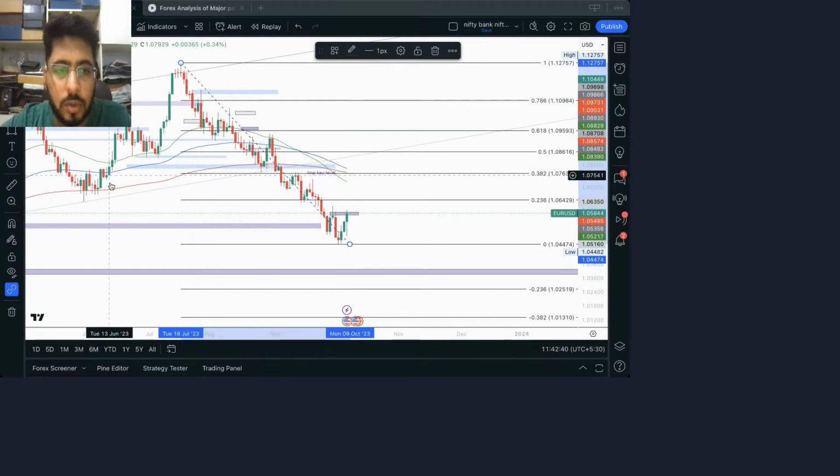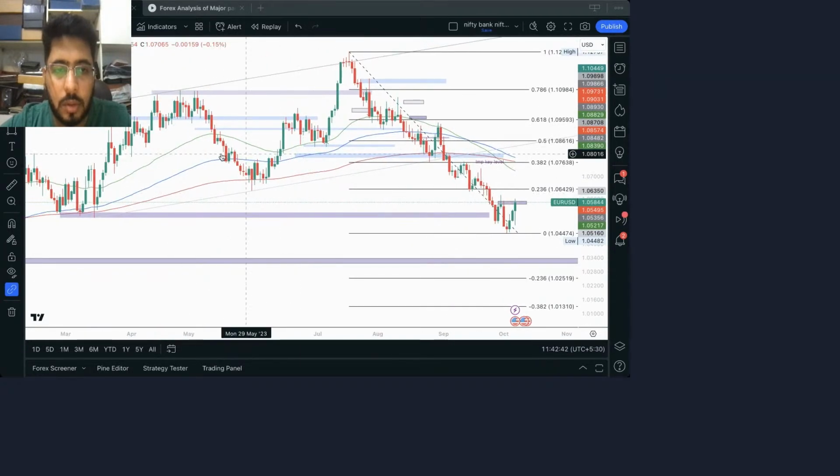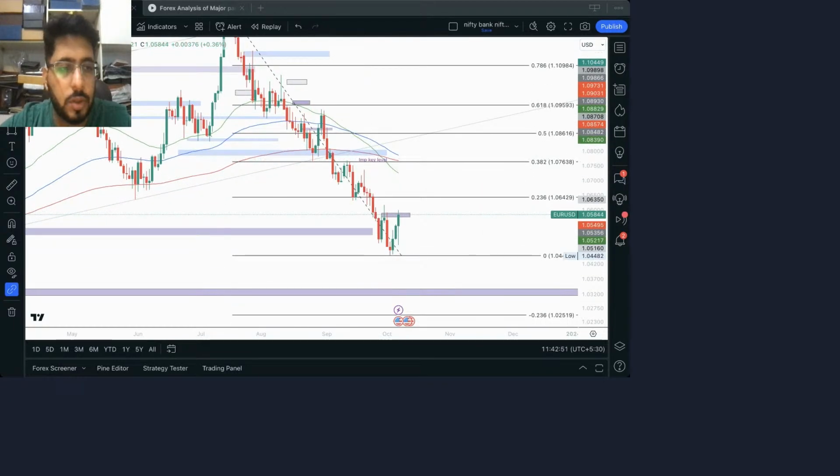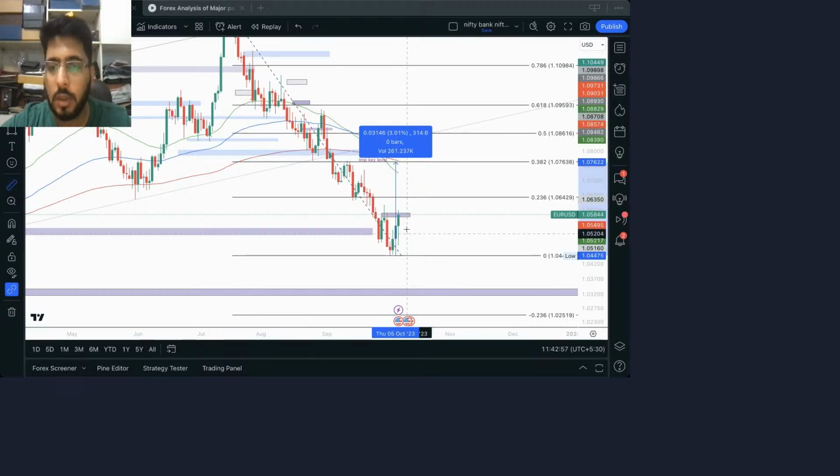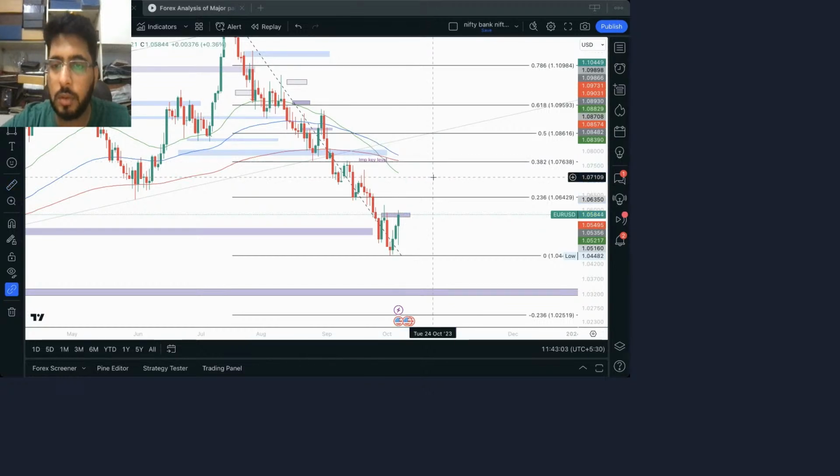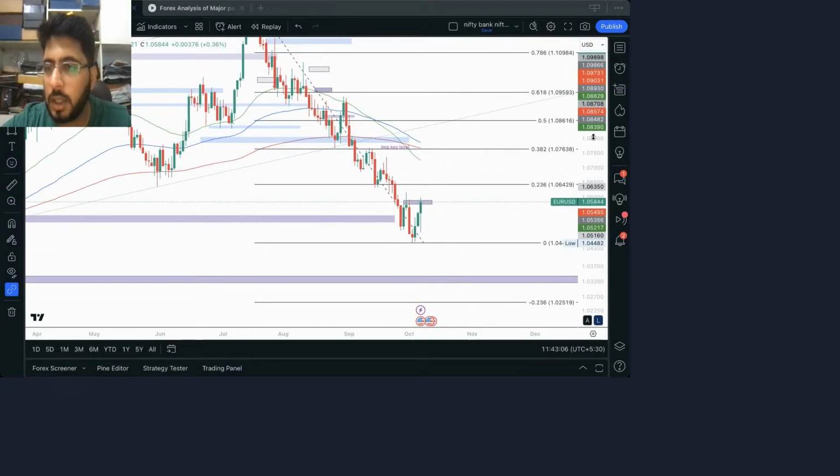This is a zone. See this spike, this high. Yeah, and how far it is from here? It's 180. It's almost the same 180, or because GU is more volatile than EU.